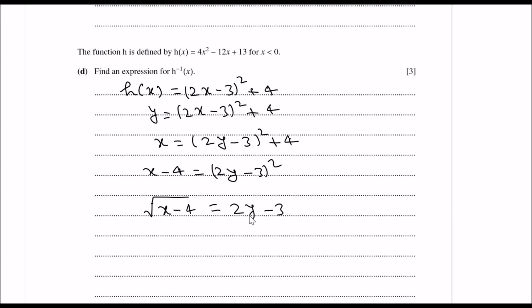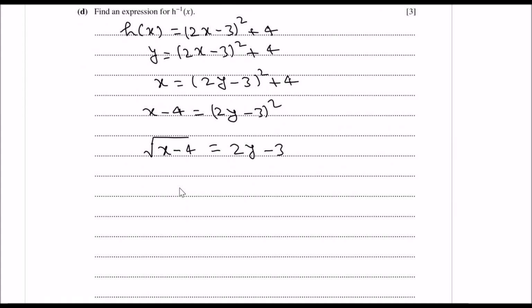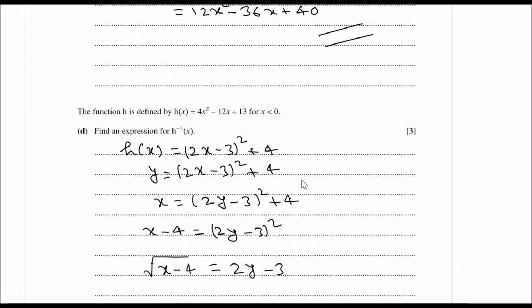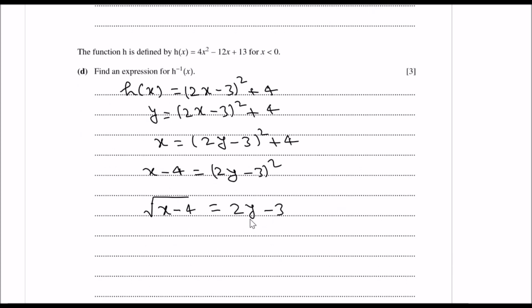Now we have to see whether we take the positive square root or the negative square root. It says x is less than 0, so for the inverse function, x becomes y, input becomes output, and y is less than 0.